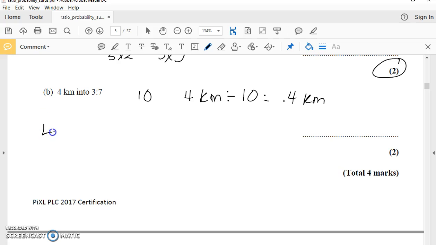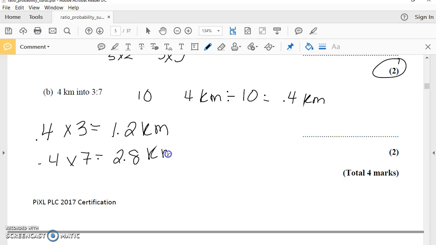So I'm going to do 0.4 times 3, which is going to give me 1.2 kilometers. And I'm going to do 0.4 times 7, which is going to give me 2.8 kilometers. So my ratio becomes 1.2 kilometers to 2.8 kilometers. All right?